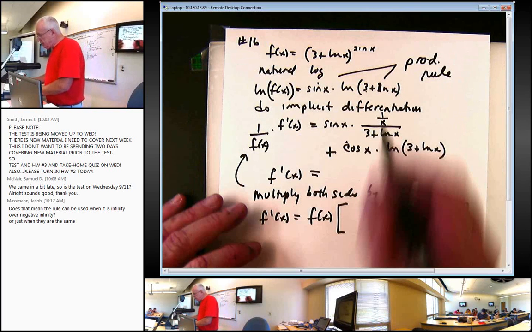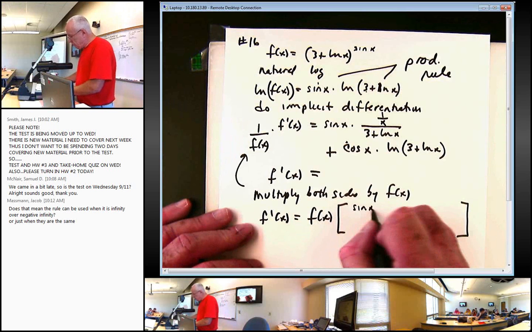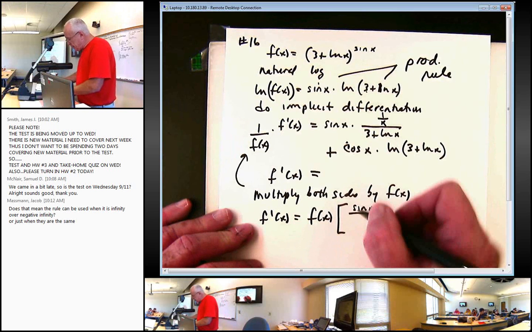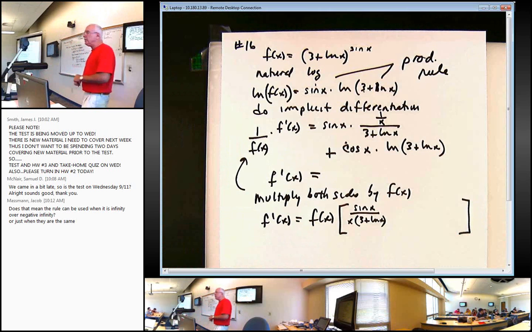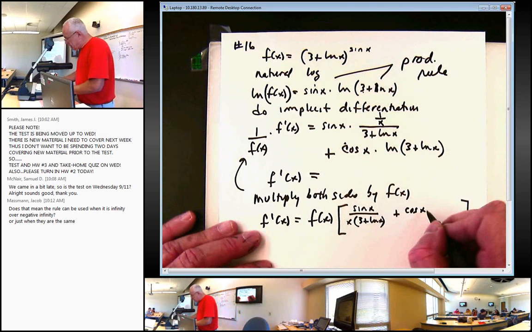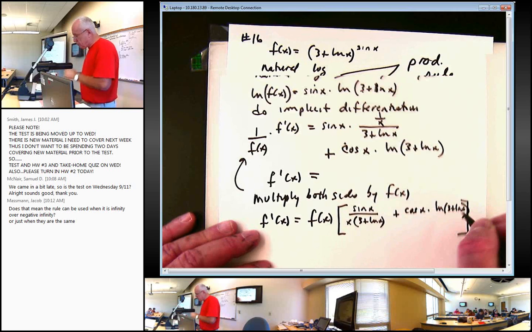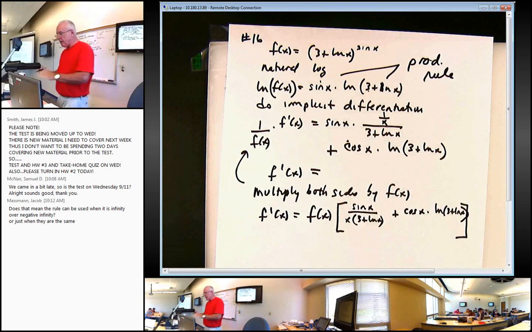Let's clean up this first one a little bit. This would be sine of x in the numerator, and then I could put that x down in the denominator, x times 3 plus the natural log of x. Just a little cleaning up of that expression. Plus the cosine of x times the natural log of 3 plus the ln of x. So I'm just rewriting that whole thing that I already had on the right-hand side.